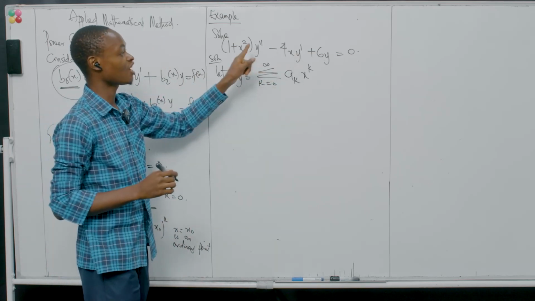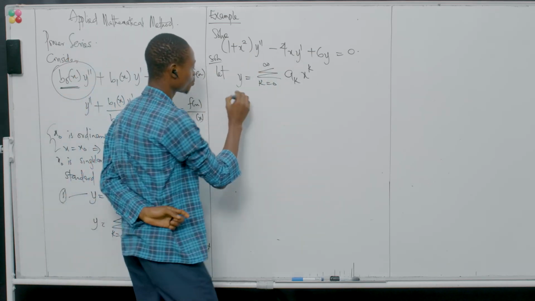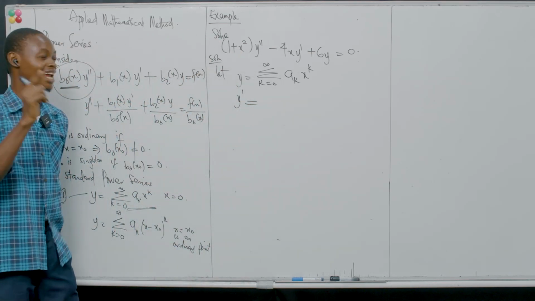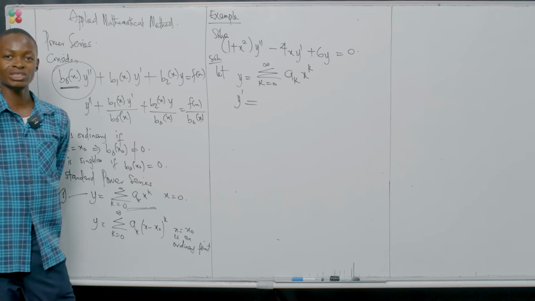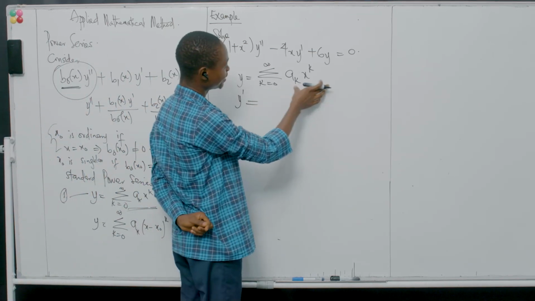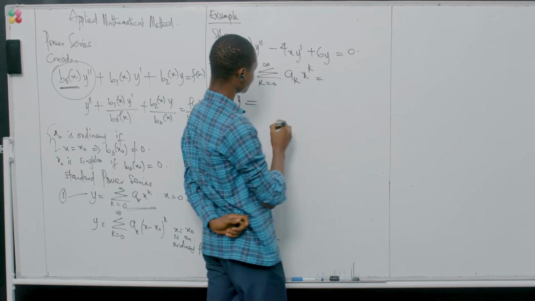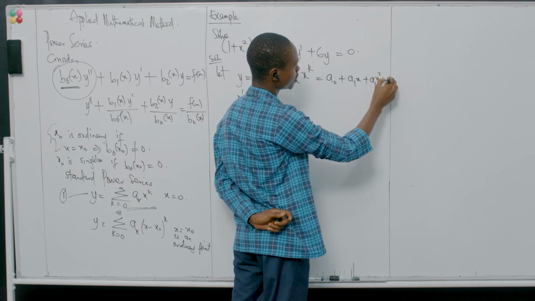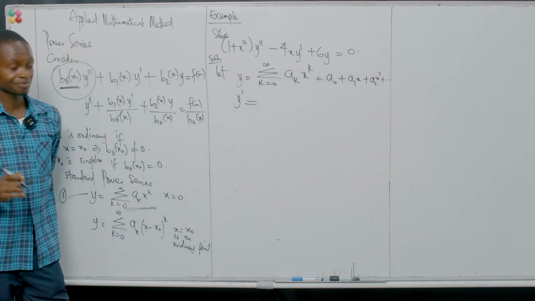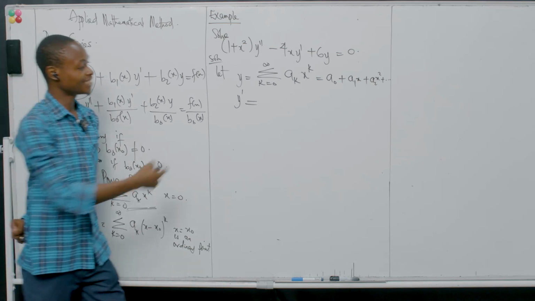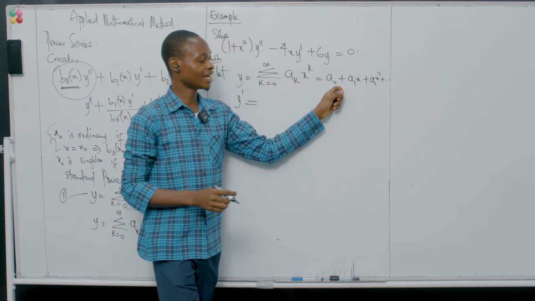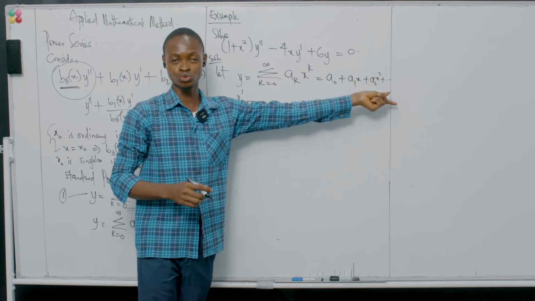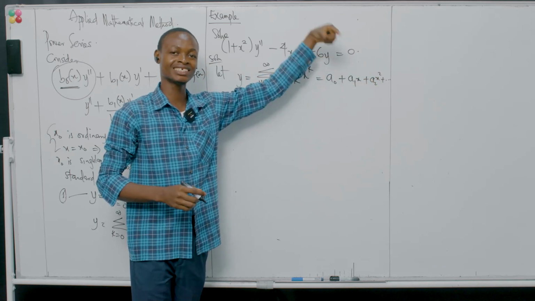But we have y prime, we have y prime prime, right? So we differentiate to get y prime. Now, how do we differentiate it, and how would this differentiation affect the counter? This is the most important thing. If I write this out as a series, it's a0 plus a1x plus a2x squared and so on. We agree. Now, if I differentiate this function, what happens? a naught is a constant, so it becomes 0. This becomes a1 plus 2a2x plus 3a3x squared, and so on.